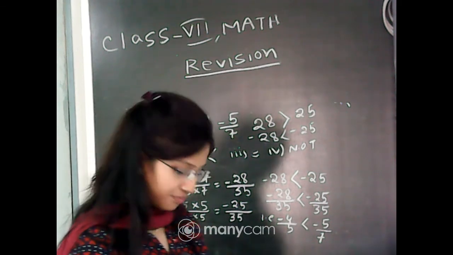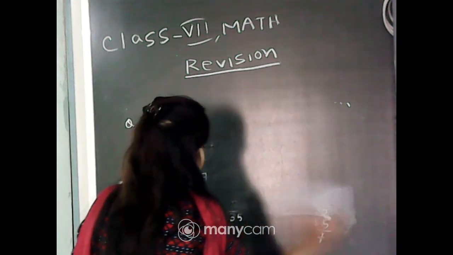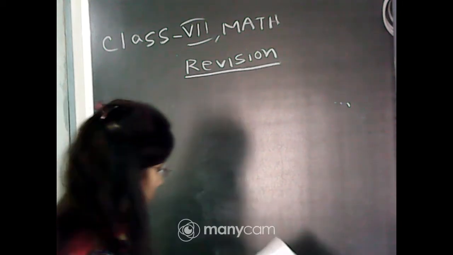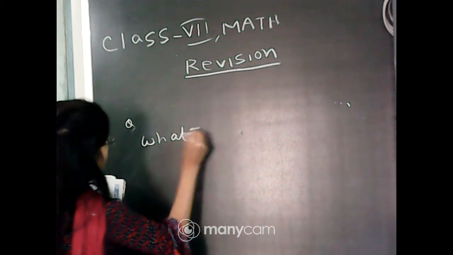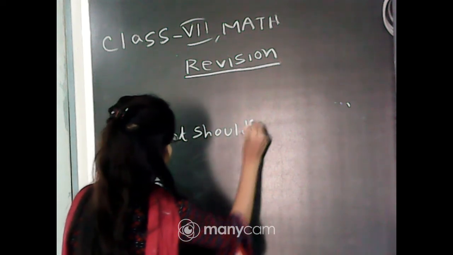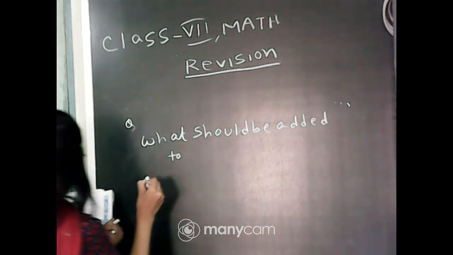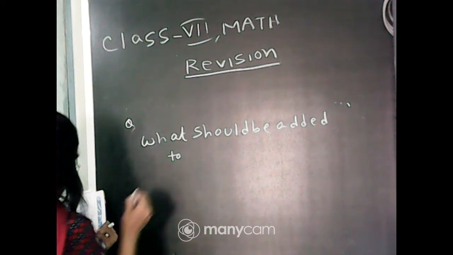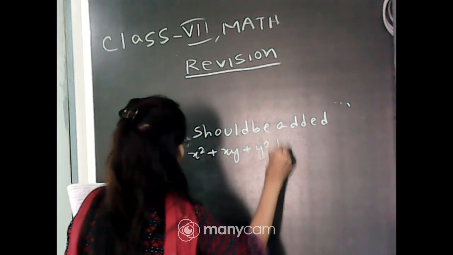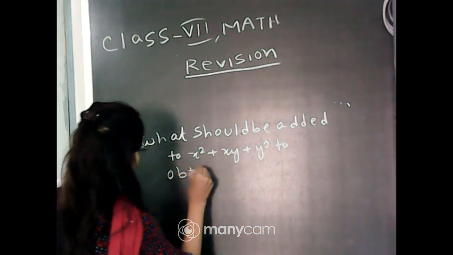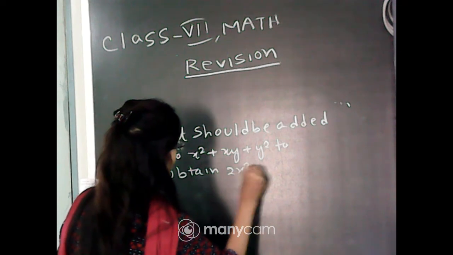Now tell me, next question. What should be added to x square plus xy plus y square to obtain 2x square plus 3xy?